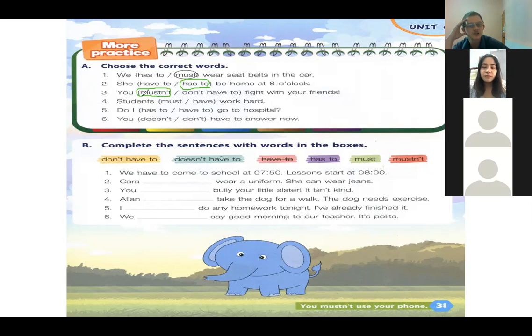Students must or have work hard. Which one? What do we think? Students must work hard or students have work hard?